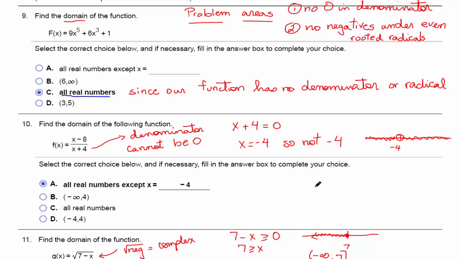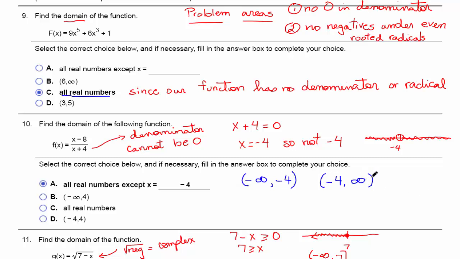You could also write this in interval notation. I've got this little branch on the left, which is minus infinity to minus 4 with a parenthesis. It's a parenthesis because of an open dot. I've got this branch on the right, which would be minus 4 to infinity.